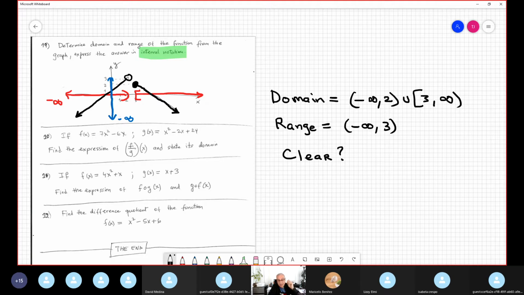You need to expect every situation. Maybe a hole, maybe a gap. Any value inside the gap does not belong to the domain, because it's undefined. Any point in the hole is also undefined.